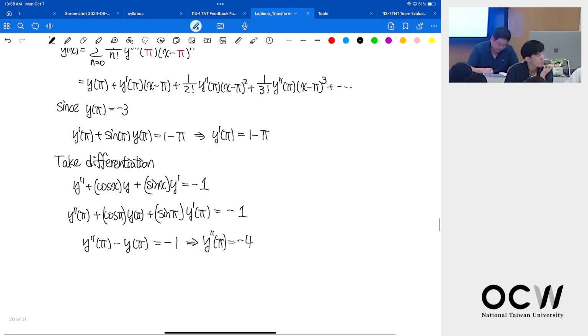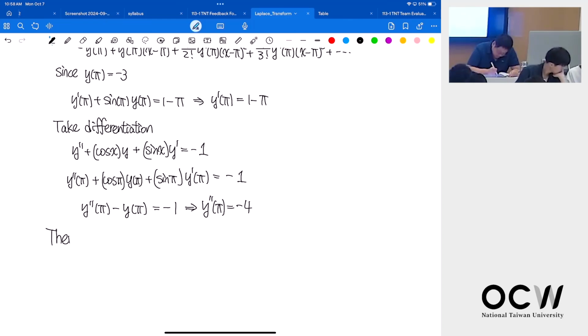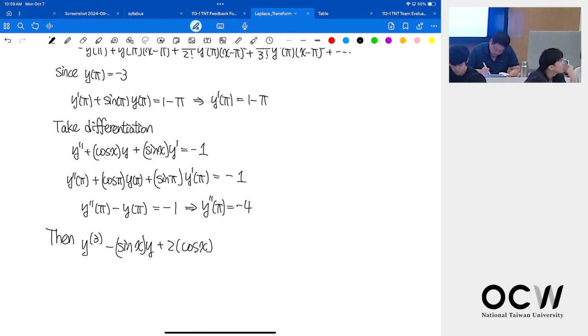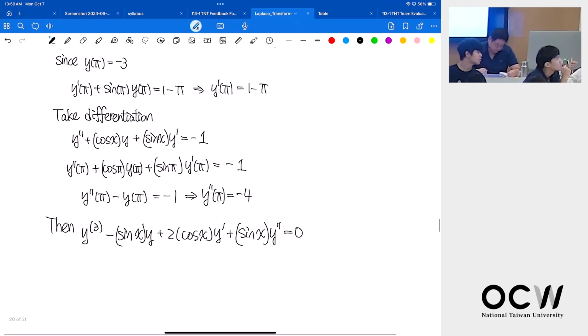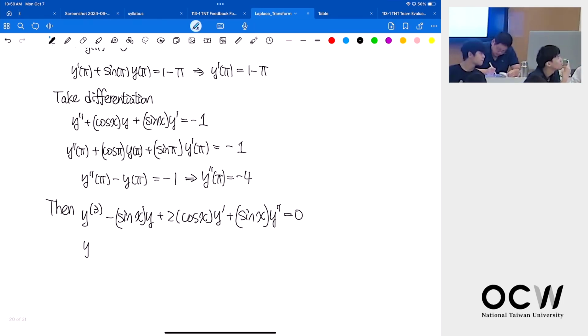You have y triple prime minus sine x y plus 2 cosine x y prime plus sine x y double prime. That'll be 0. Then you get y triple prime of pi minus 2 times 1 minus pi equals 0.